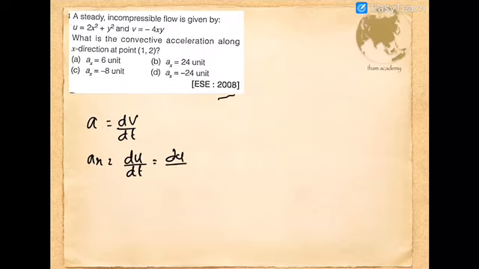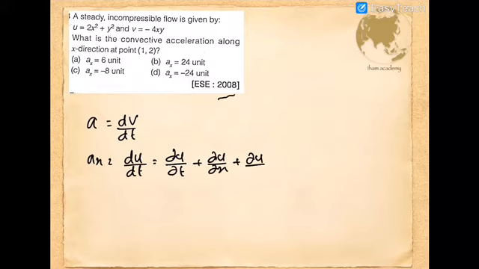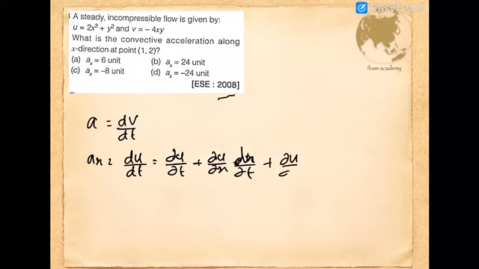So ∂u/∂t plus ∂u/∂x into ∂x/∂t plus ∂u/∂y into ∂y/∂t.